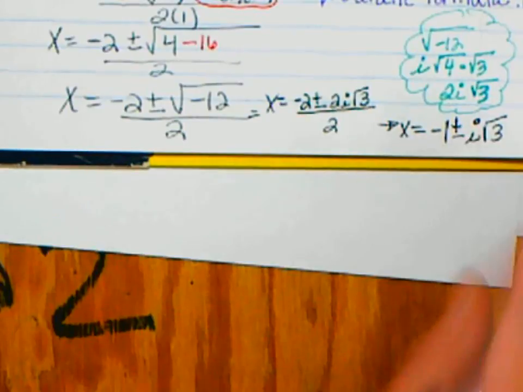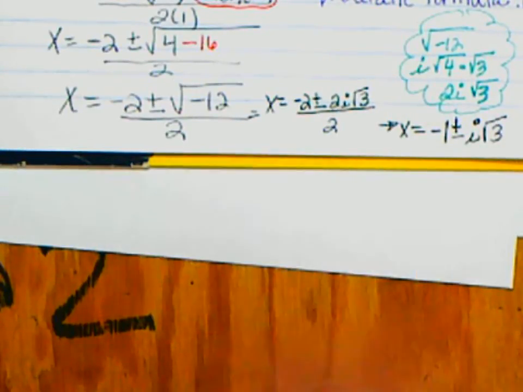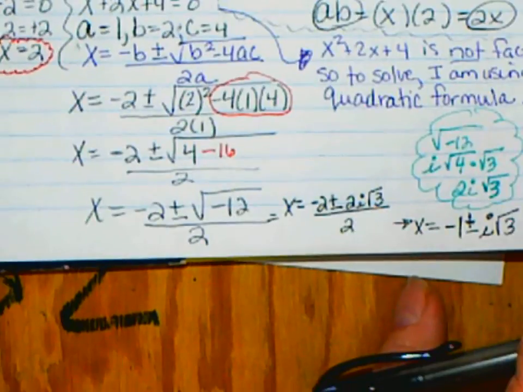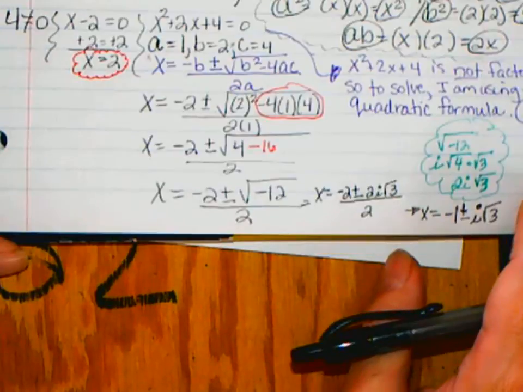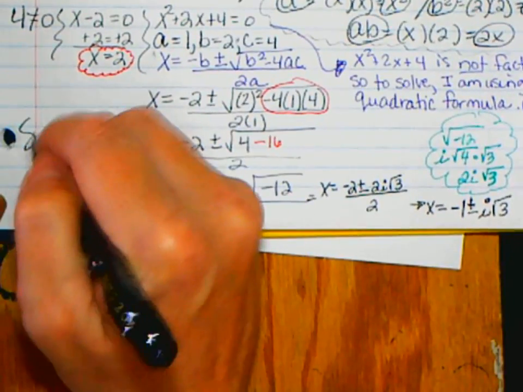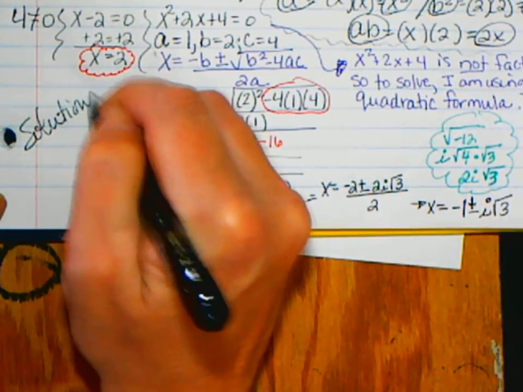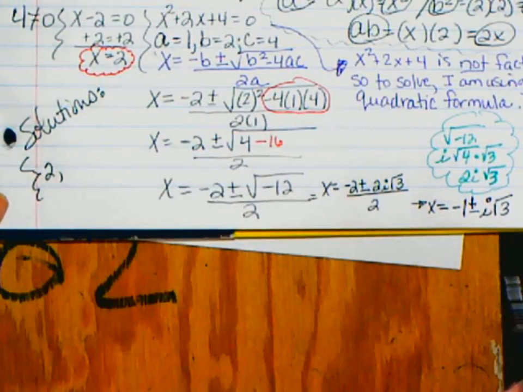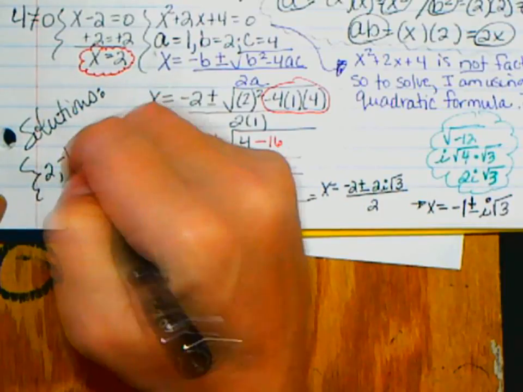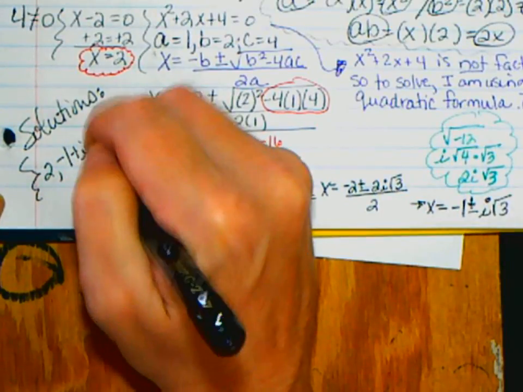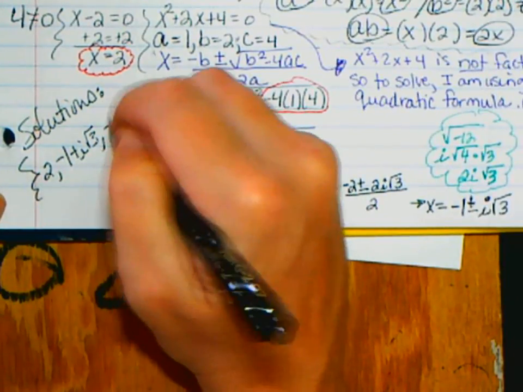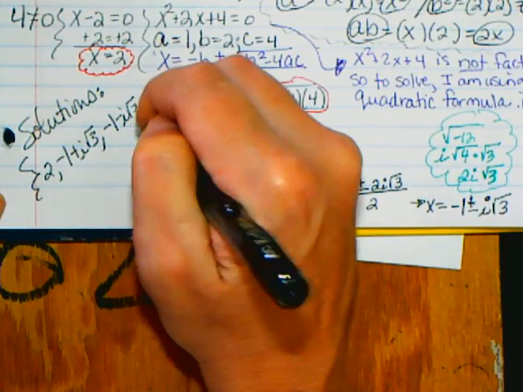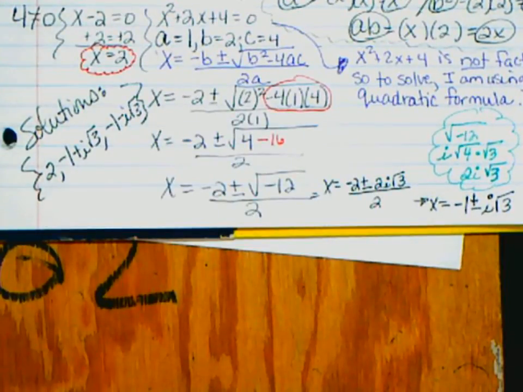I'm going to write them all down, but I'm kind of out of room on the left side of my page. So over here, my solutions: I had 2, negative 1 plus i square root of 3, and negative 1 minus i square root of 3. 3 solutions. And that's it.